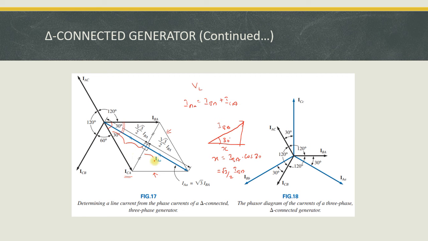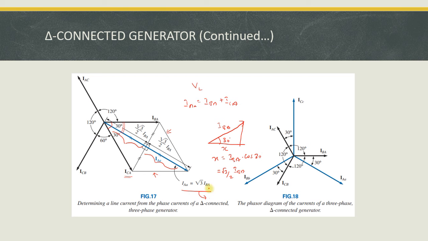Similarly, this distance is again root 3 by 2 times IBA. The overall length is the addition of these two values, which is root 3 times IBA. So from this relationship I conclude that the line current is equal to root 3 times the phase current.